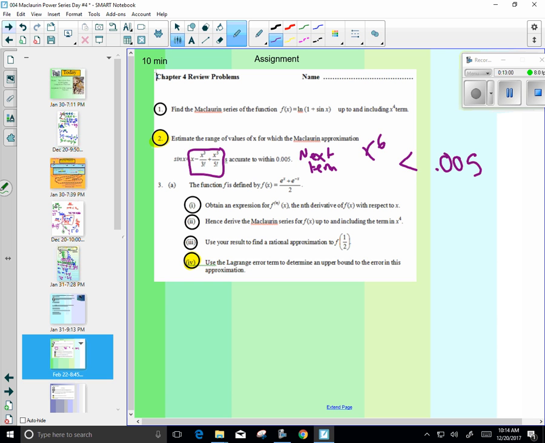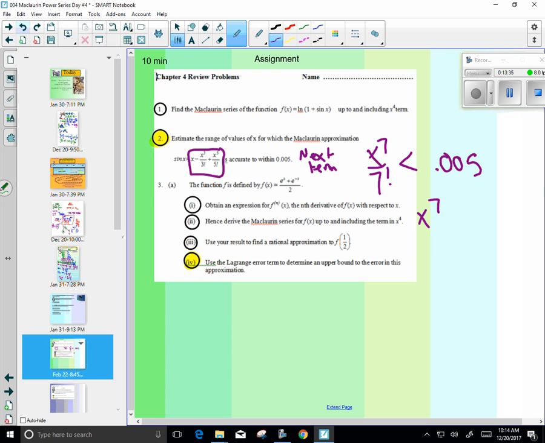It'll be x to the 7, because they go up by 2, over 7 factorial. Now we're looking for an answer, so we take the absolute value, and you don't need the negative. So x to the 7 over 7 factorial. All you have to do is solve for x.